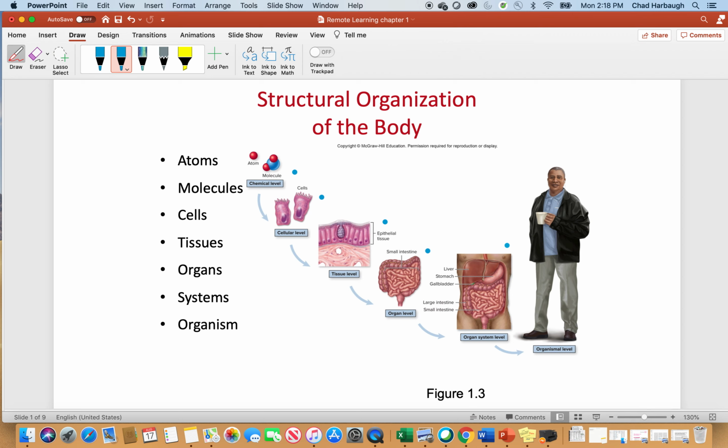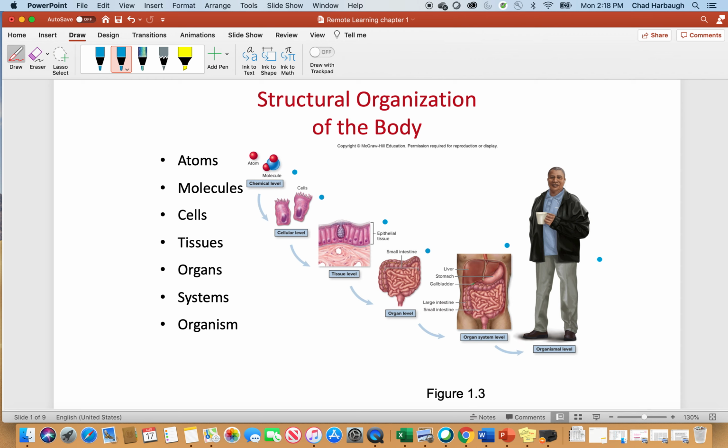The organ system level consists of related organs working together to coordinate activities and achieve a common function. For example, in this picture we see the accessory organs of the liver, the stomach, and the gallbladder, and the primary organs of the large intestine and the small intestine of the digestive system.